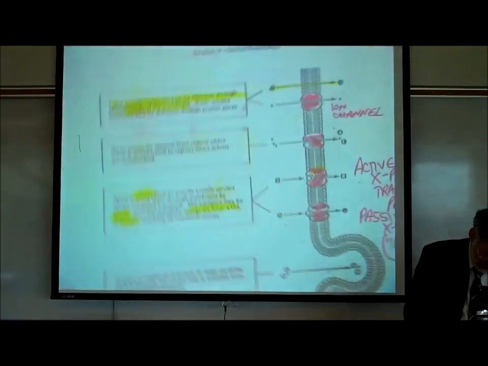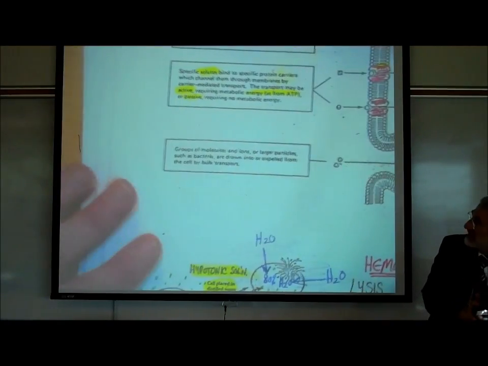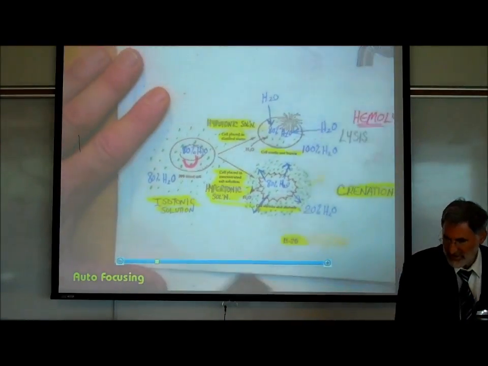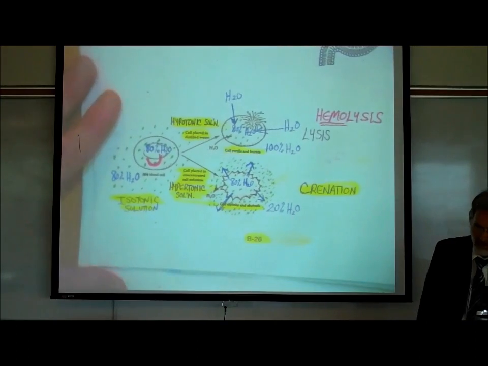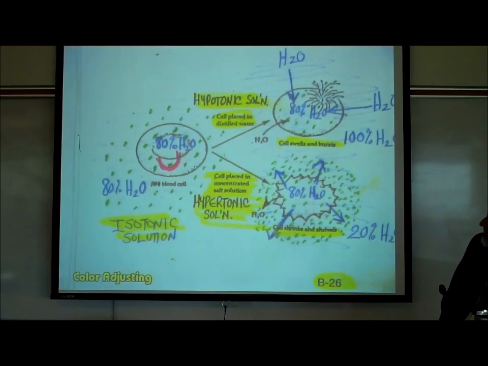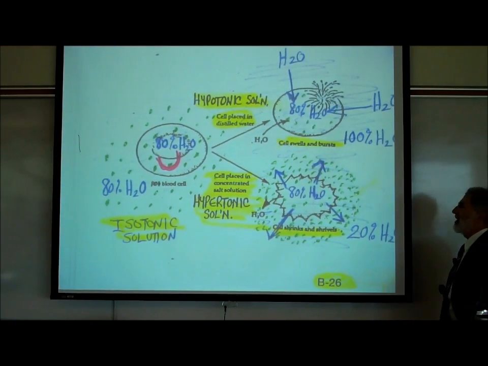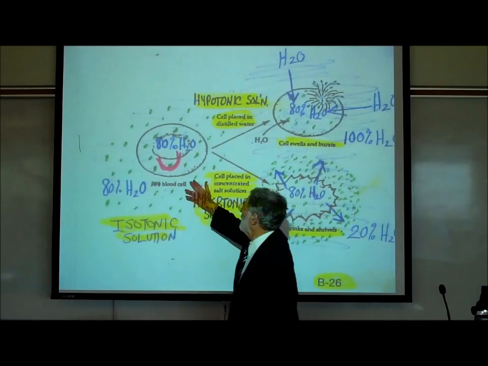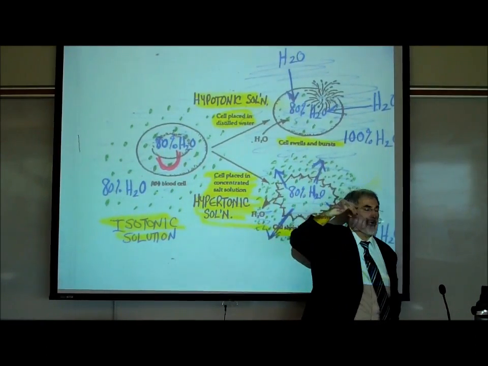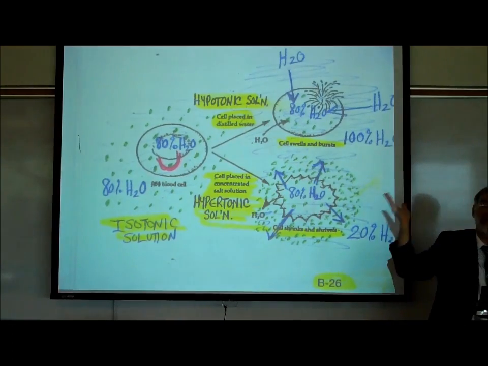Now, to help us understand this, let's look at the bottom of B26, the previous page. And we'll walk you through this. All right, this is a red blood cell. It doesn't have to be a red blood cell, it could be a liver cell.